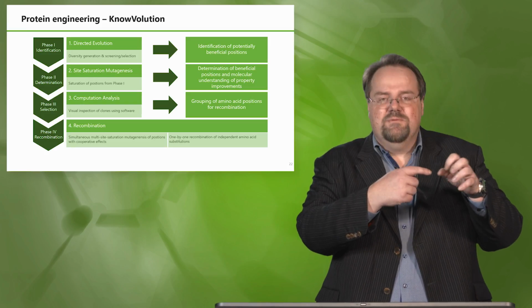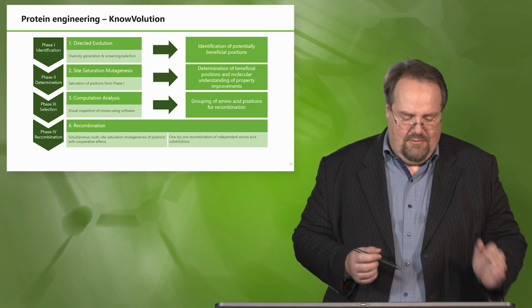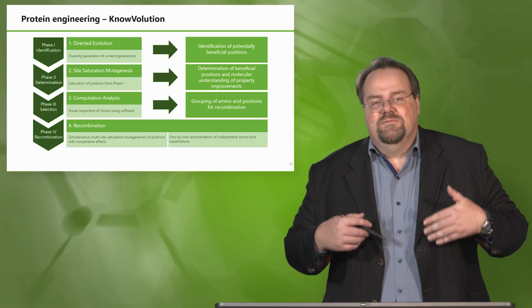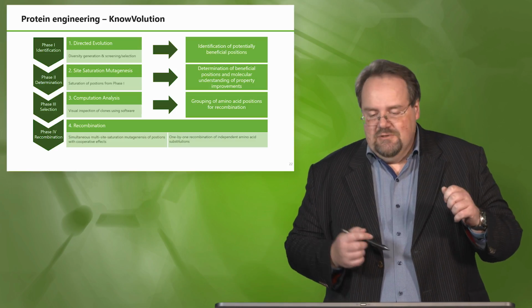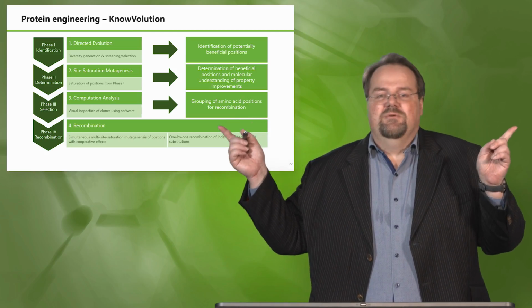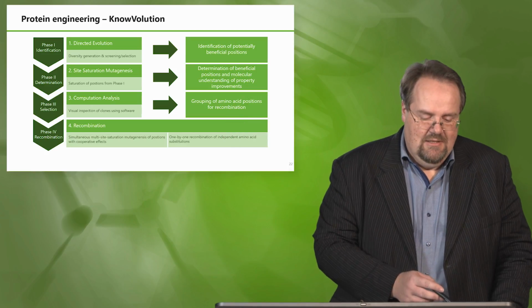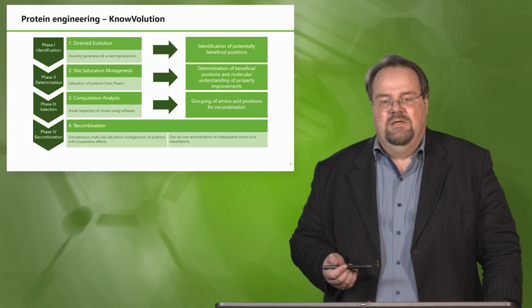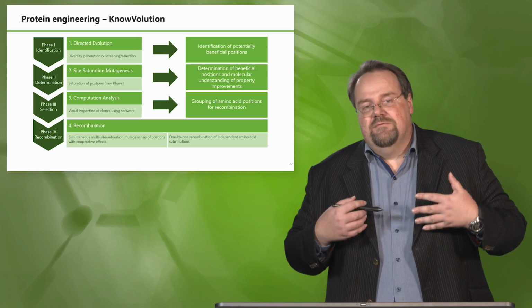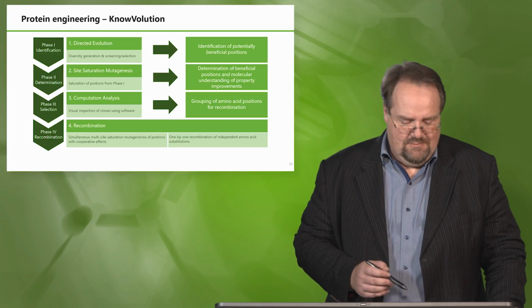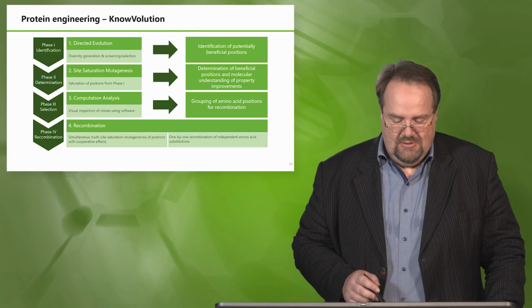So you can have cooperative effects, for example, with a method like OmniChange that really boosts then the activity. If the positions are far away, you can individually recombine them in phase 4. And by doing this, you can very rapidly, with minimal experimental efforts, find really good catalysts.